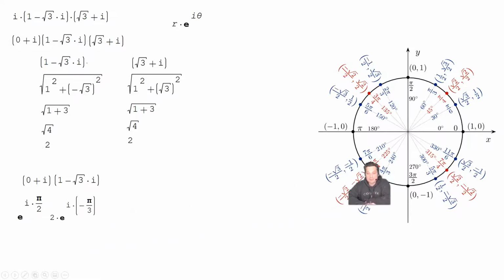Over here in the picture, the number is 1 minus root 3 i. We use the tangent function: take the imaginary part and divide it by the real part, a ratio of y to x coordinates. You just have to find the angle that corresponds to that ratio. Here it would be negative root 3 over 1, which is still negative root 3. So I'm looking for an angle where the tangent is negative root 3.